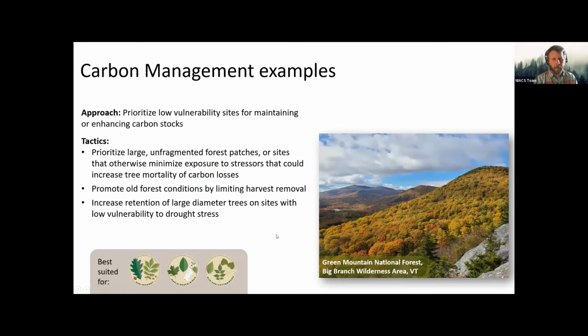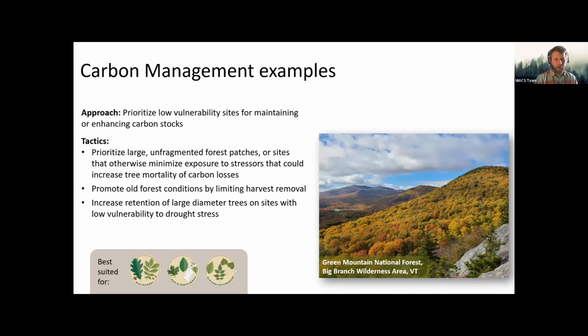I've talked a little bit about vulnerability and risk, and using that to help guide some of the decision making around management and carbon management, and in particular, thinking about where are places that have lower vulnerability.